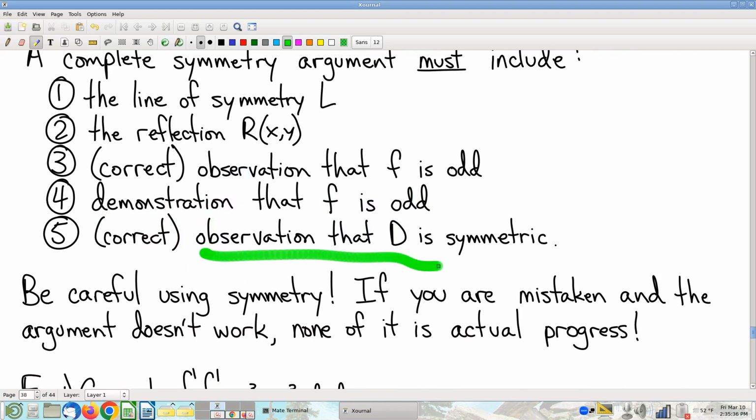And then you also have to observe correctly that the domain is symmetric. And I am going to be lax on the requirement here. You don't have to prove the domain is symmetric. Usually, if your domain is actually symmetric, it's pretty clear from the picture or from the algebra. And the way that you write that down, there's various different cases.